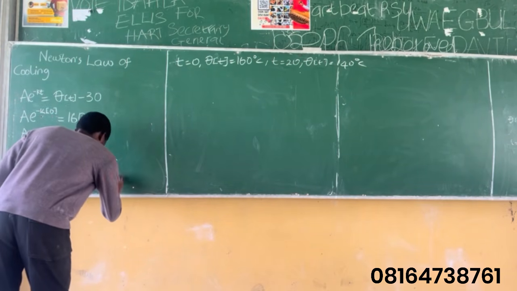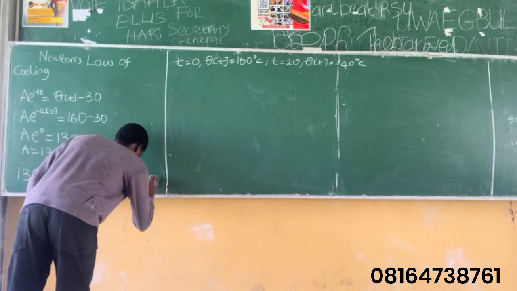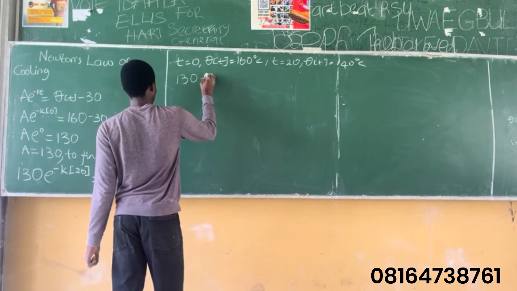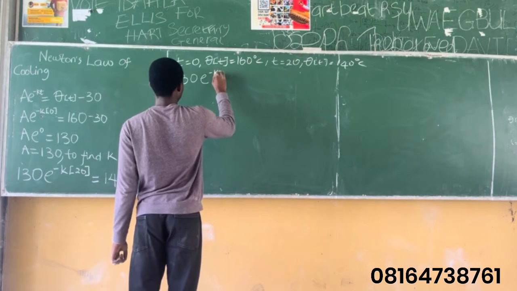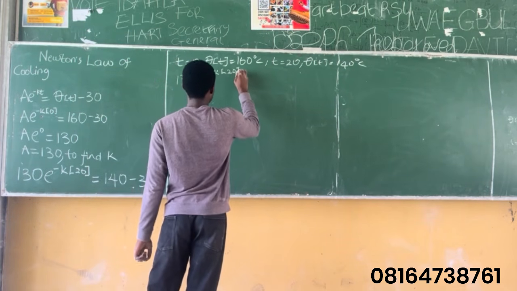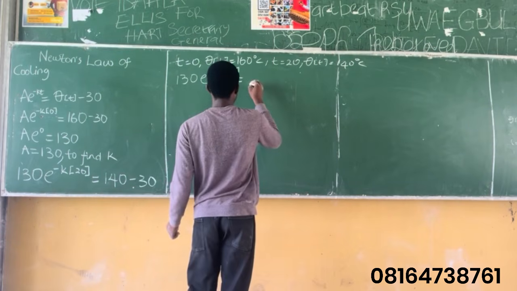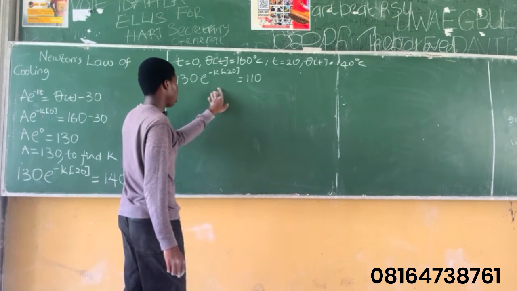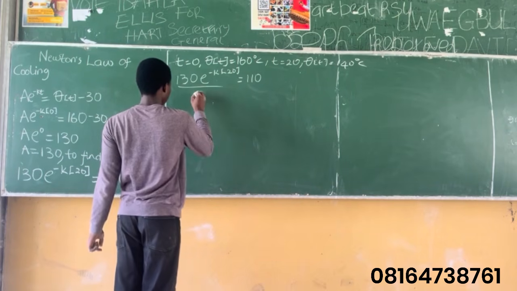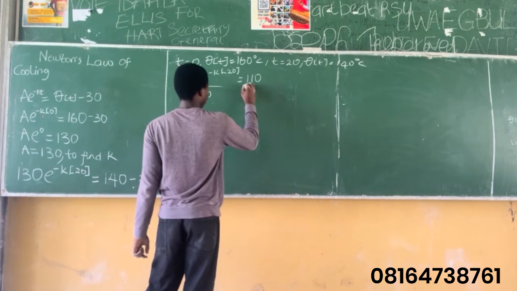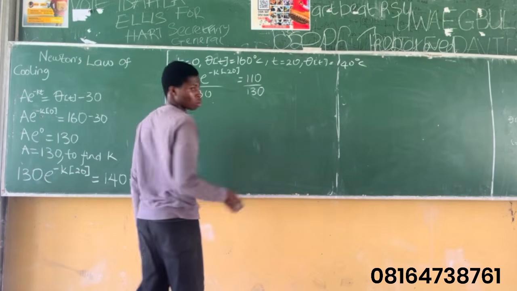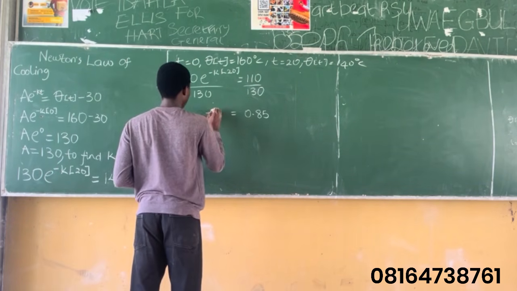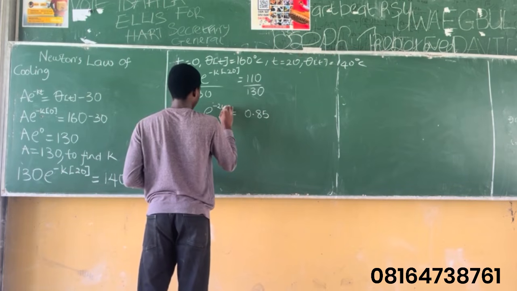So this is 140 minus 30, which is 110. So now, to make k the subject of the formula, I'll divide by 130. Dividing both sides by 130, it's equal to e^(-20k).